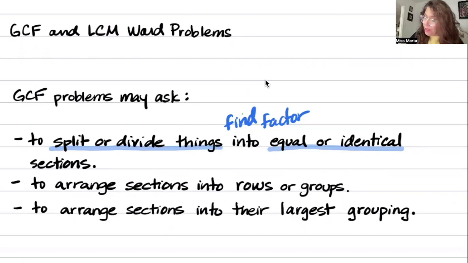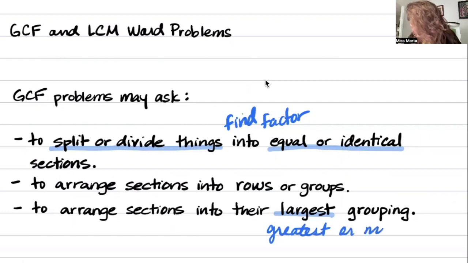Another clue we have here is largest. If they're asking you for the largest, you know it's not a least common multiple problem, it's greatest common factor. So that lets us know that it's the greatest. They may use also the word most, as in my example, okay?